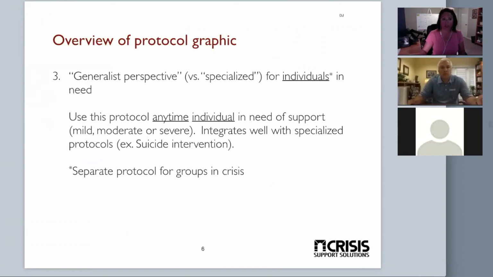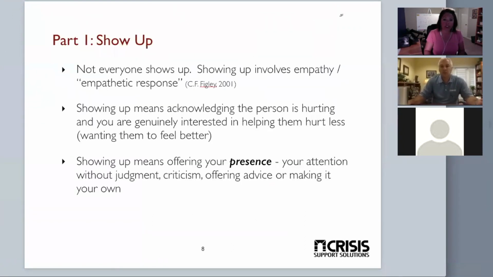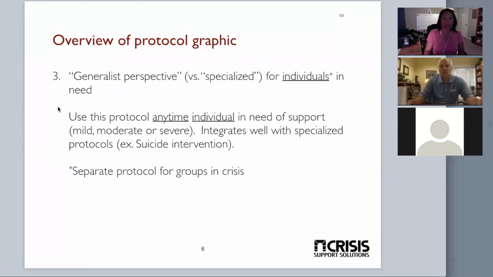that they're dealing with. The last thing I'll say on this slide is there is a separate protocol for groups in crisis. This is a one-on-one model only. You see that right here. One-on-one model only. We have a very specific, oops, let me go back. We have a very specific protocol and a different protocol when we're dealing with groups.